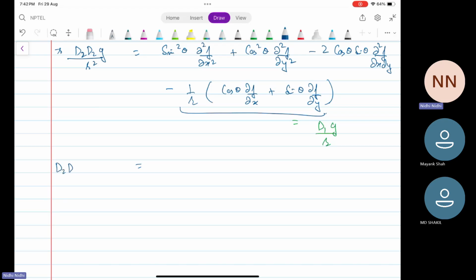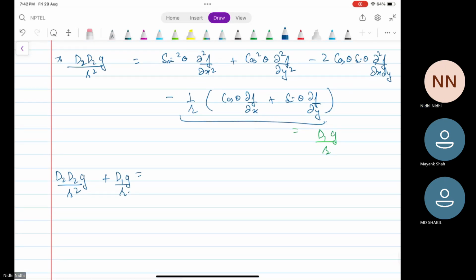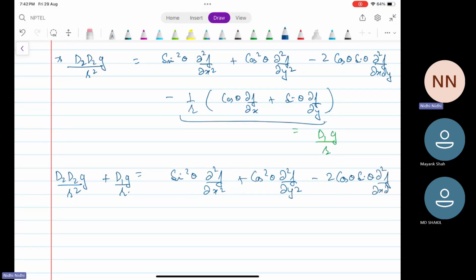We'll get d2 d2g by r square plus d1g by r, and this is equal to sine square theta del 2f by del x square plus cos square theta del 2f by del y square minus 2 cos theta sin theta del 2f by del x del y.